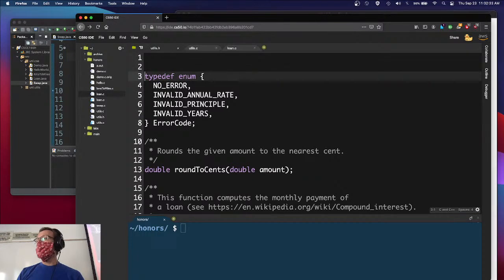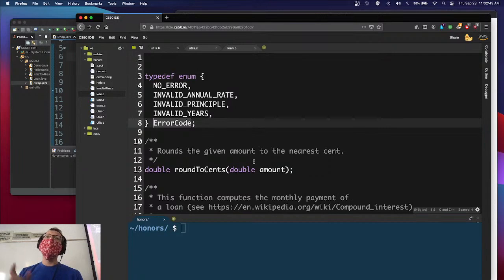The syntax here is, of course, typedef, and all one word, enum, short for enumeration. And then you have an opening curly bracket and a closing curly bracket. And then finally, the name of your enumerated type. If I did this for months, I would call it months or month. If it were days of the week, I would put in day of week, all right?